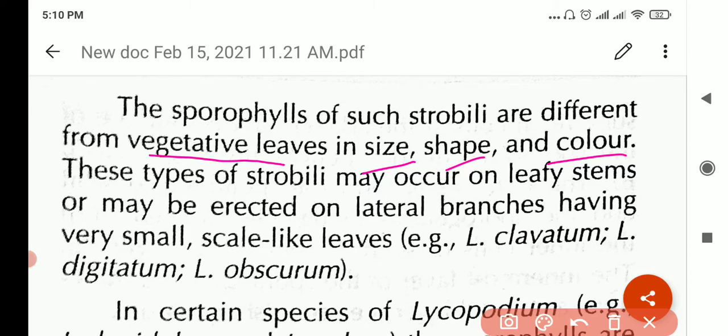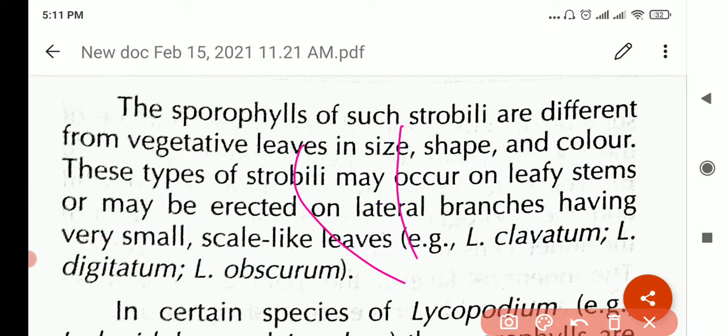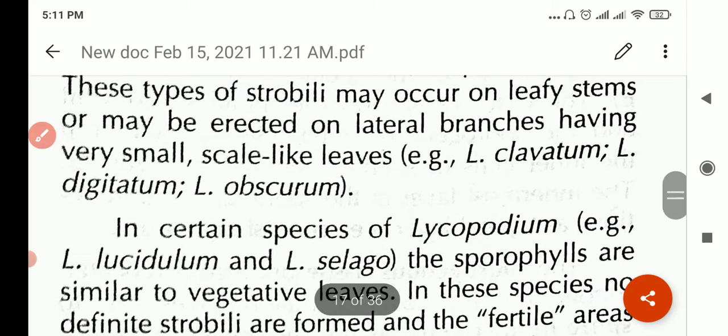These types of strobili may occur on the leafy stem or may be erected on lateral branches having very small scale like leaves. Just remember from there only. Remember those were the ordinary leaves. Just look at the sporophyte diagram, you will understand.